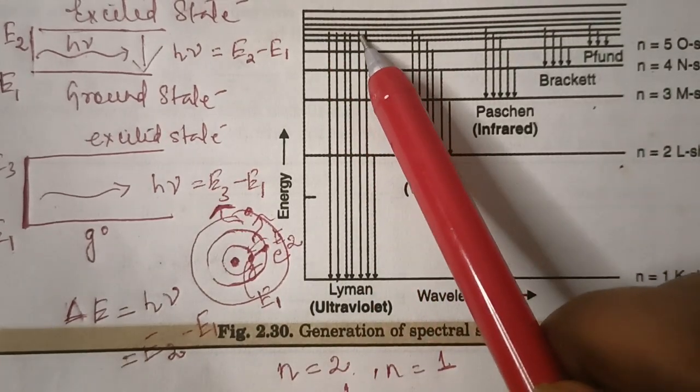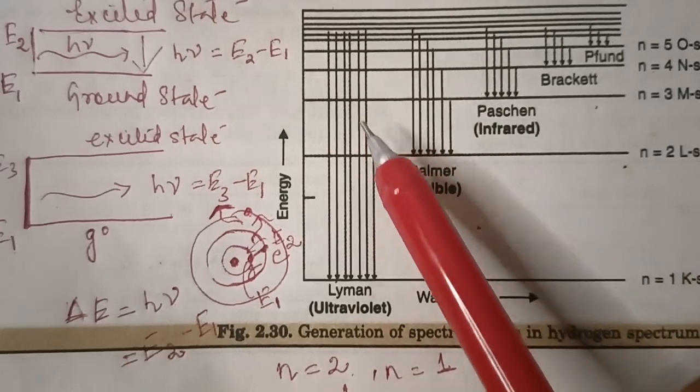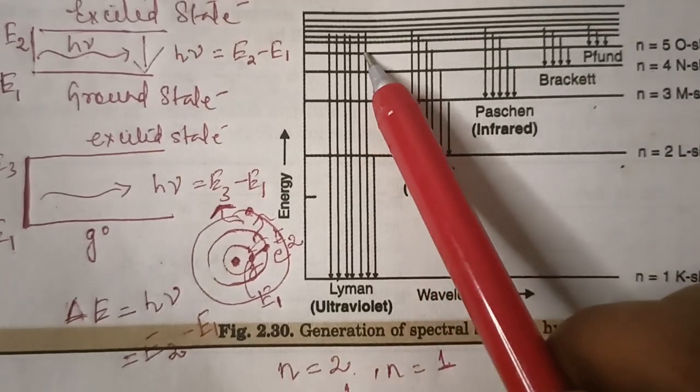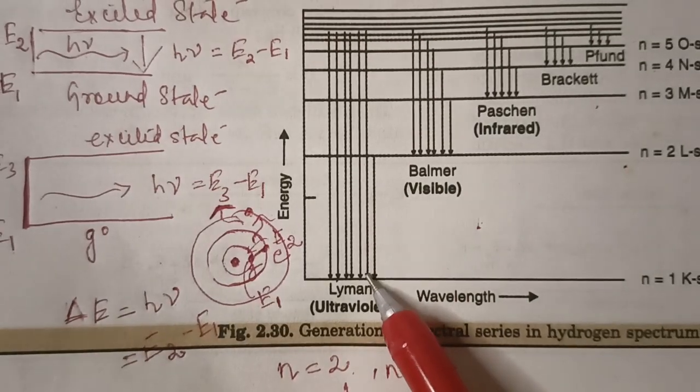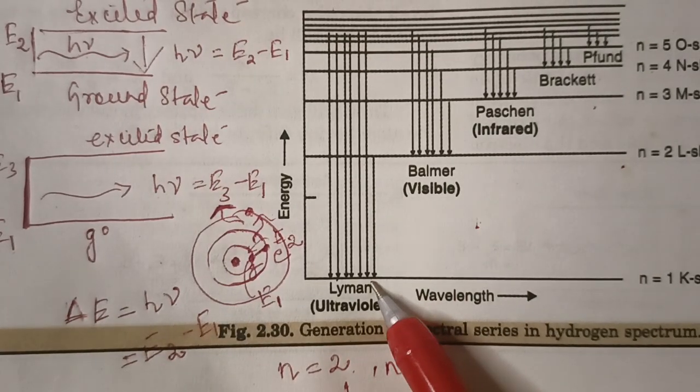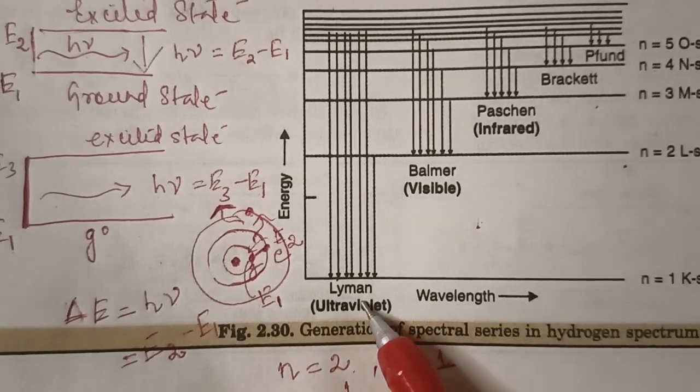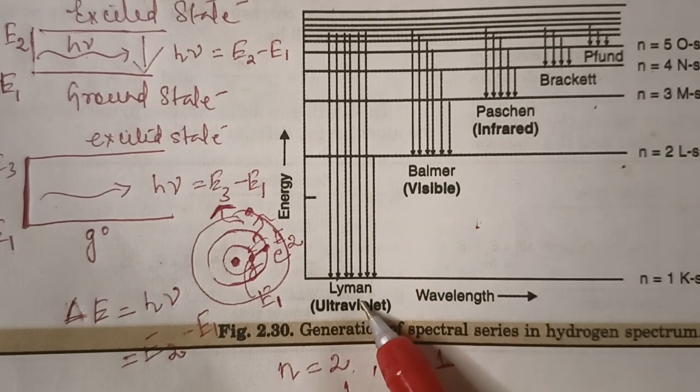When it jumps from any of these levels, n equals 5, 4, 3, 2 to n equals 1, then we get the Lyman series of the spectrum.